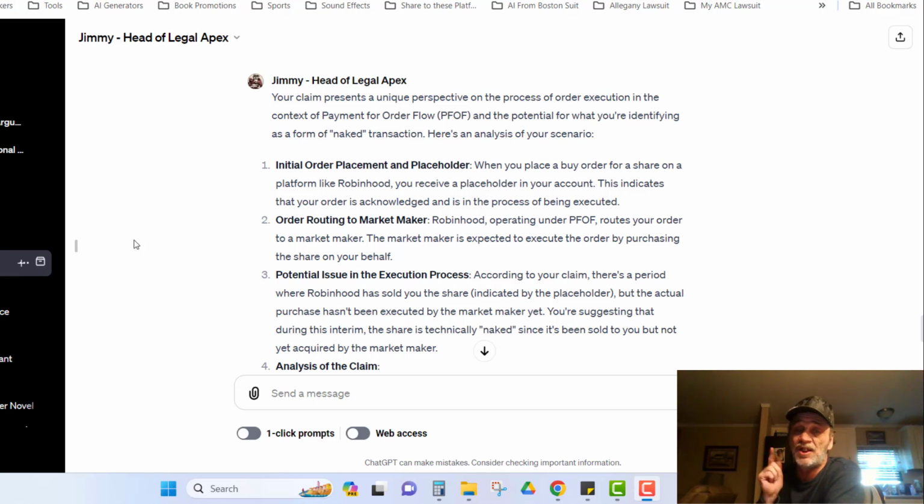This indicates that the order is acknowledged and is in the process of being executed, but it hasn't been yet. Order routing to the market maker: Robinhood, operating under payment for order flow, routes your order to the market maker. The market maker is expected to execute the order by purchasing the share on your behalf.